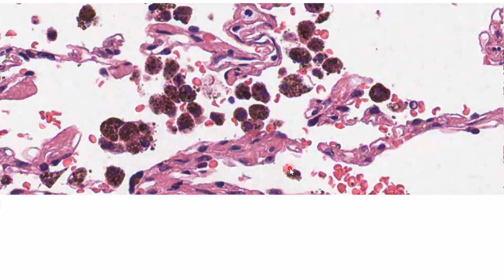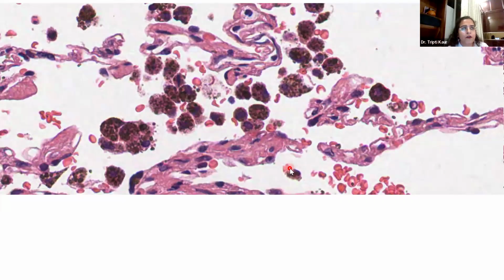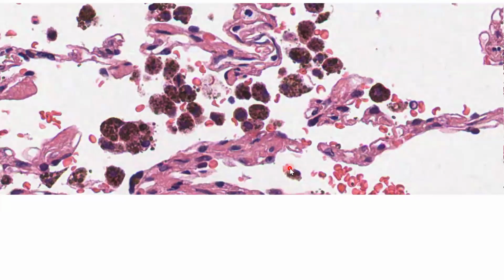And if you have a spare tissue, like spare frozen tissue with you, would you like to do something with it? Immunofluorescence. Yes, very good. All these comments, whatever you are telling me, you need to write in your comment section.